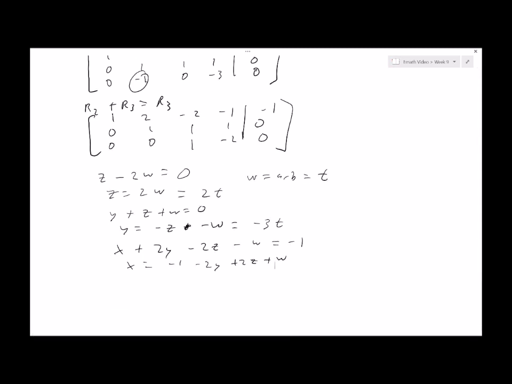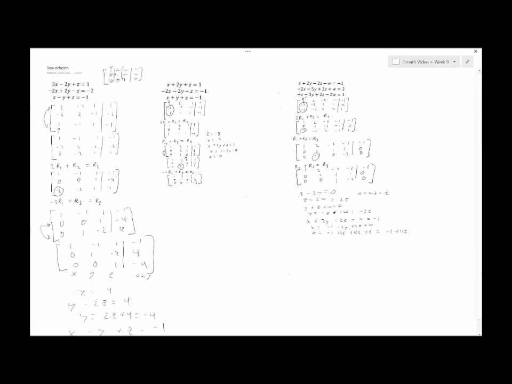Plugging in all that, we're left with x equals negative 1, negative 2y, it's going to be plus 6t, plus 4t, plus t, which is negative 1 plus 11t. And so now we have an equation for x, y, z, and w. And that's row echelon.